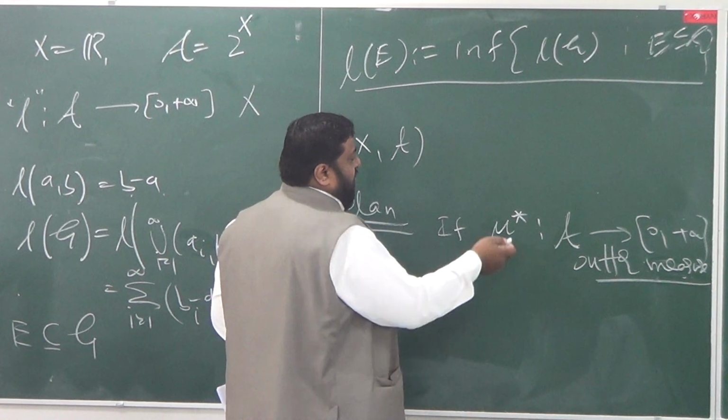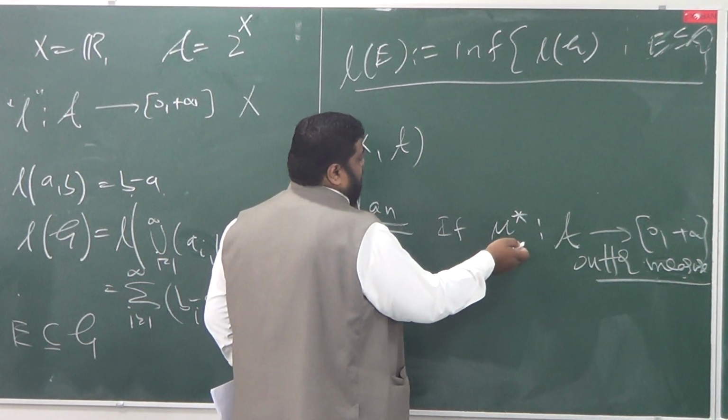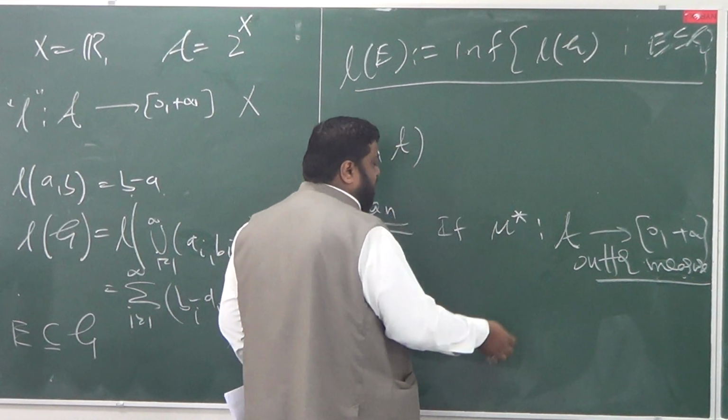Obviously you can show that. So if mu star is an outer measure, then what will we try to do?